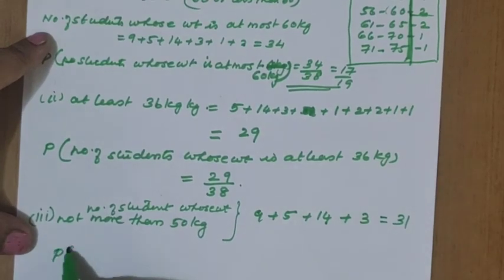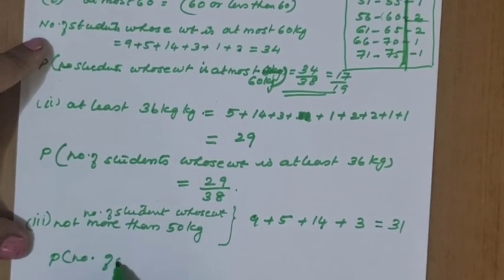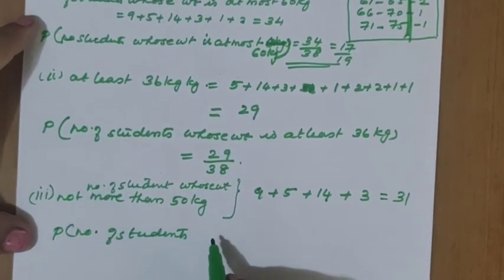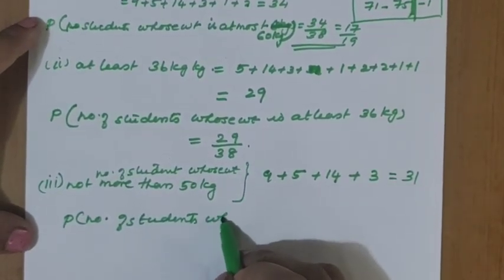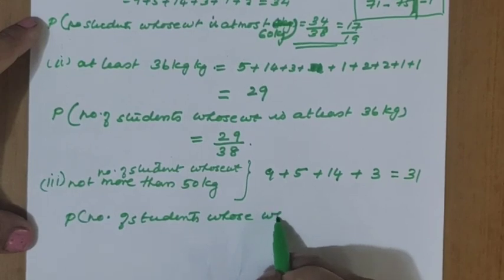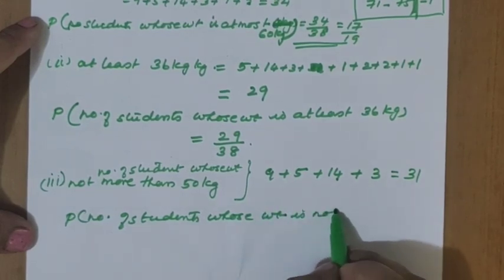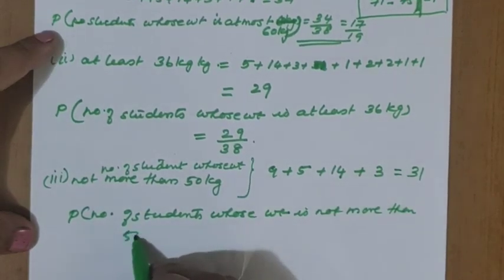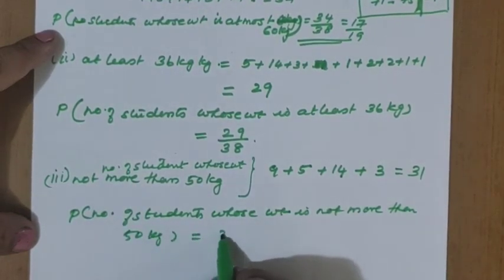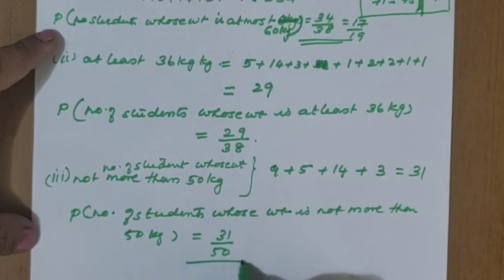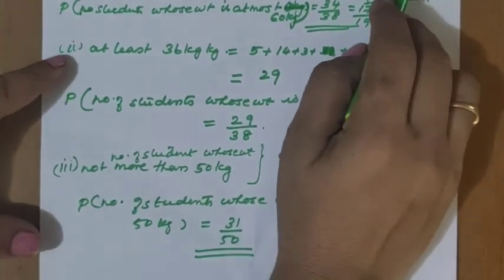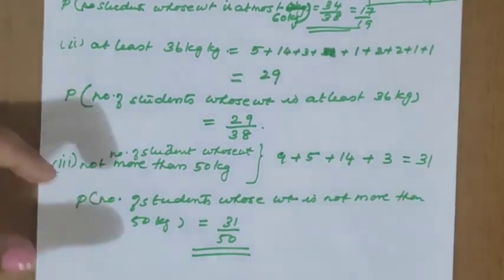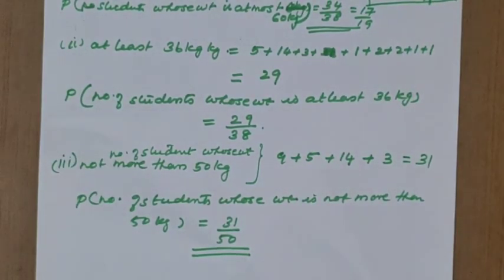Now P, number of students whose weight is not more than 50, equal to 31 by 38. From here 51 onwards is coming, so here 50 is the maximum, so that 3 will be included.